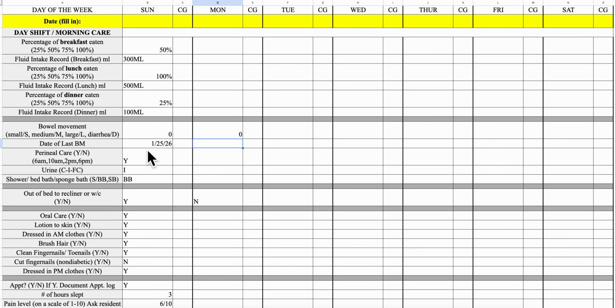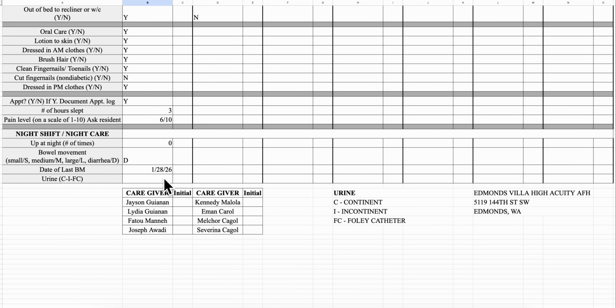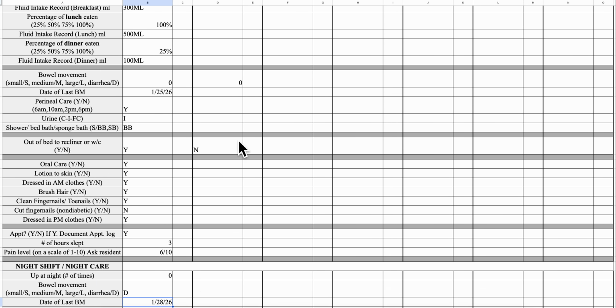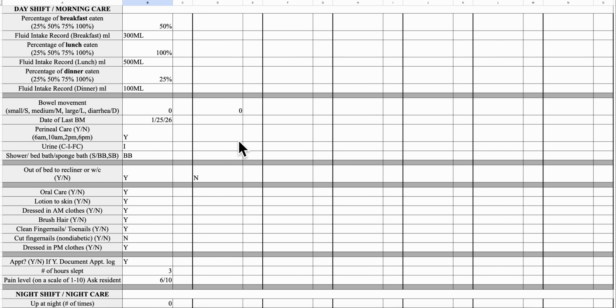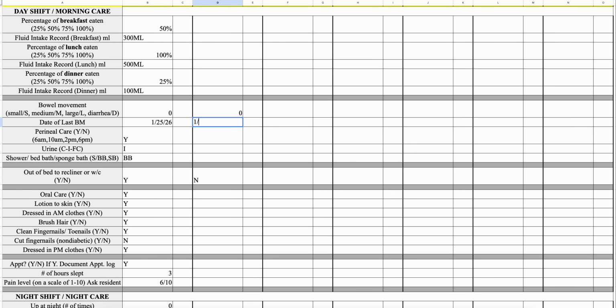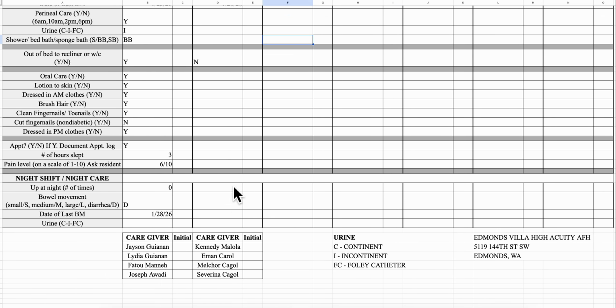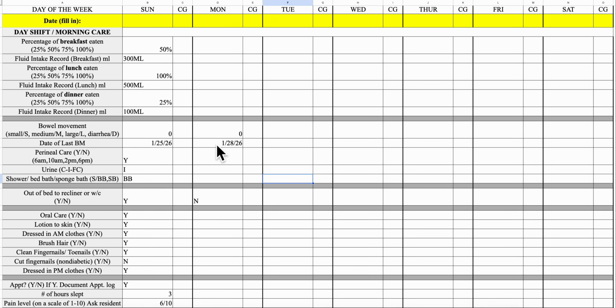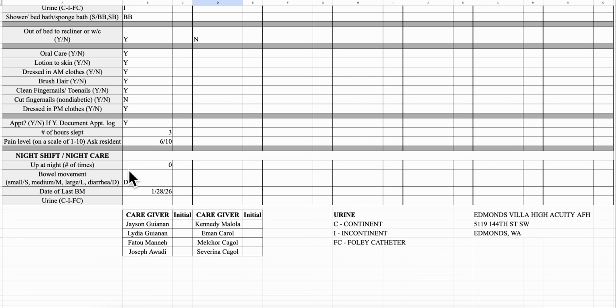But when they ask when was the last date of their bowel movement, that's the 25th. And down here is the 28th for night shift. So I'm going to take the night shift date and I'll put it up here, 1/28/26. This is just so we're all on track and our residents are not having prolonged constipation, which could very well send them to the hospital if we don't catch it in time and fix it in time. So that's that.